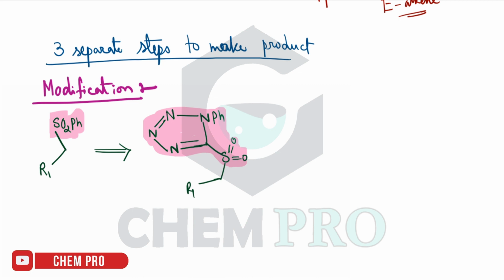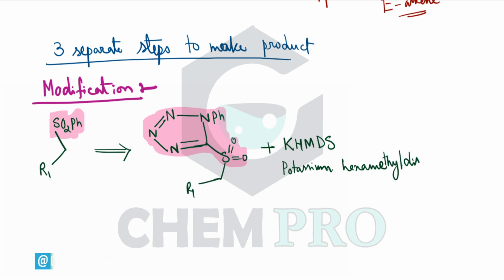This is the modification, and along with that we have to use a strong base, that is KHMDS, or potassium hexamethyldisilazide, that is (Me3Si)2N negative and K positive. This will be the reagent.